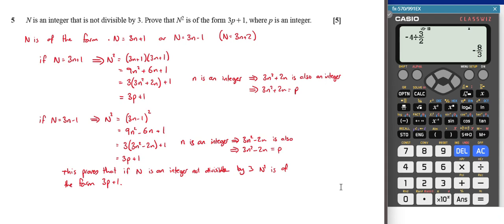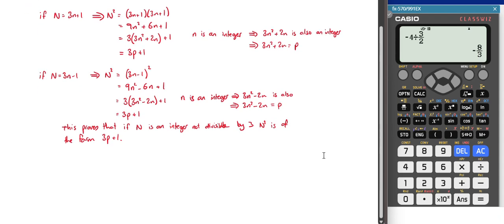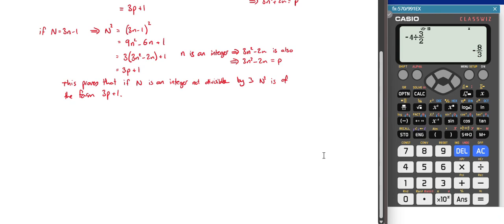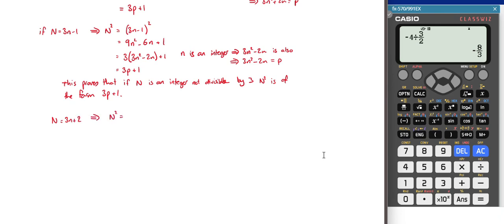Just for completeness's sake, if you've decided to do it with 3m plus 2, let's look at the algebra for that, see how that works. So if n is 3m plus 2, that means that n squared is 3m plus 2 squared, which is 9m squared, and you have 3 times 2 times 2, so that's plus 12m plus 4.